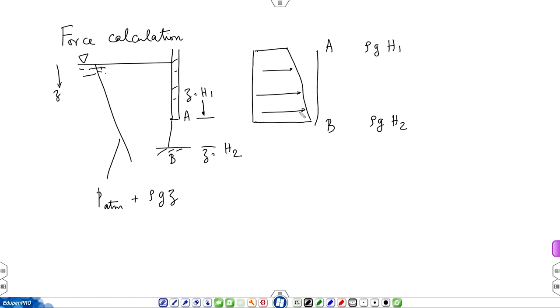This is from the water side, and from the other side it is atmospheric that we have cancelled off. On this free body diagram of AB, we are showing forces in the horizontal direction. Of course, there will be reactions at A and B, depending on the nature of contact, which I have not shown. I am only doing a calculation for the force arising from this body of water.